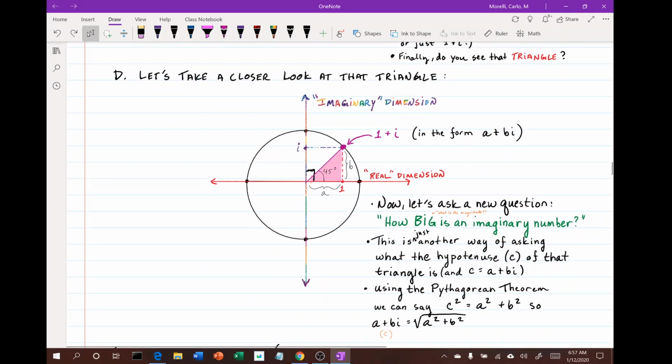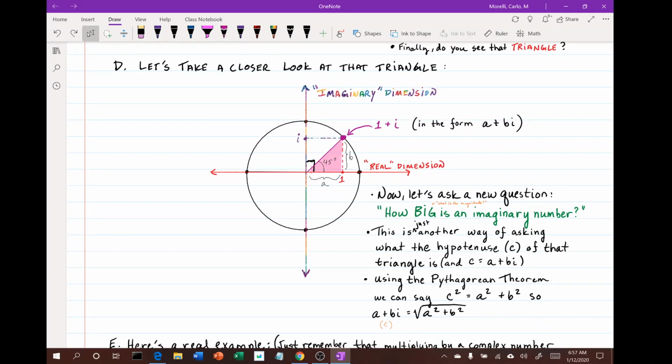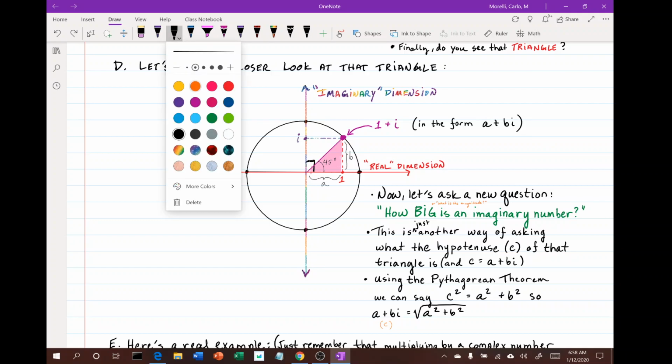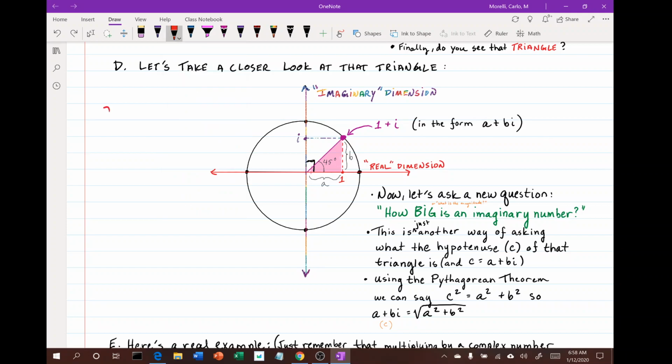So let's take a closer look at that triangle. This is exactly the same thing you just saw, but with that triangle filled in. And I've labeled this the A component, because remember, a complex number is written in the form a plus bi.